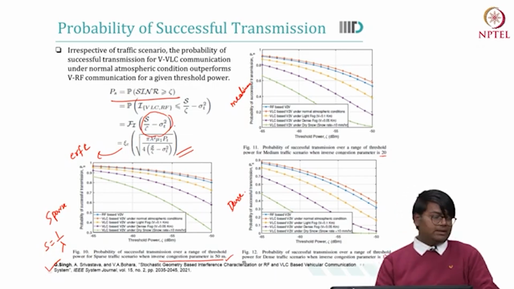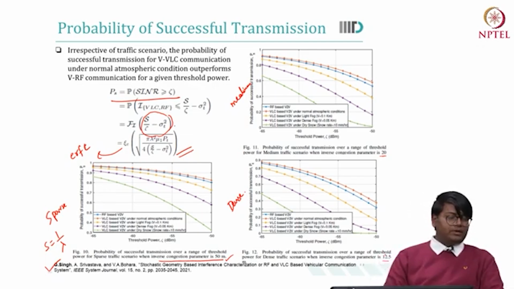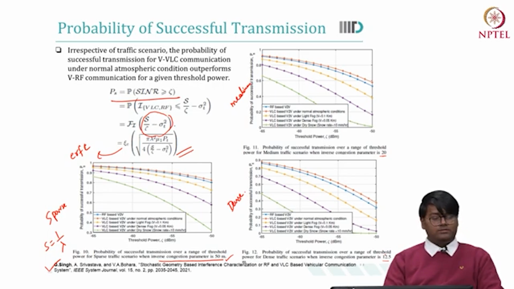Now, irrespective of all these traffic scenarios, we observe that the probability of successful transmission for vehicular VLC under normal atmospheric conditions outperforms VRF communication for a given threshold power. In all conditions, whether sparse, medium or dense traffic, vehicular VLC under normal atmospheric conditions outperforms VRF.